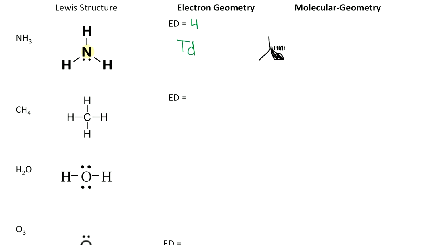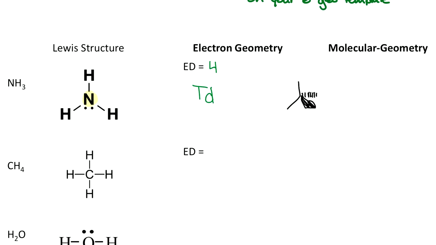So that is our electron domain geometry, but we have a problem. Of that electron domain geometry, 3 of them are bonds, 1 of them is a lone pair. All right, so we want to take this electron geometry that I just drew, that's a tetrahedral. How many of those domains do I need to cover up? 1 of them, because 1 of them is a lone pair, so literally what you're going to do is just erase 1 of them.